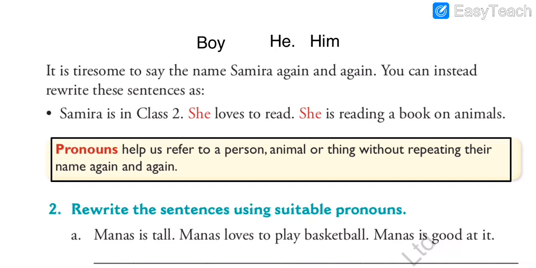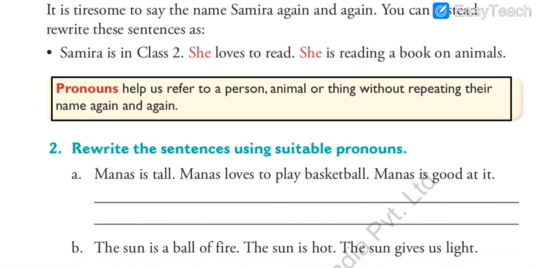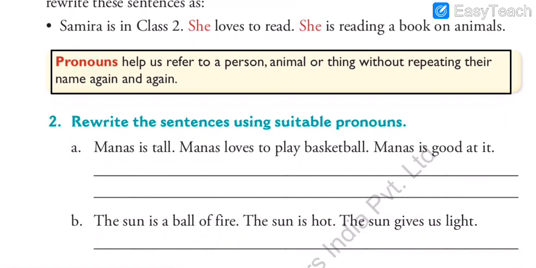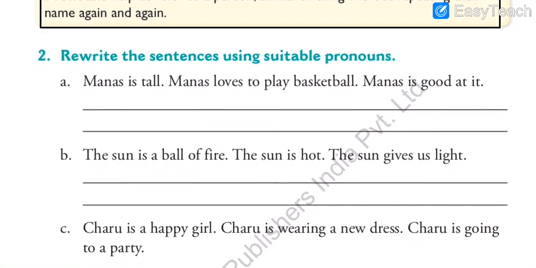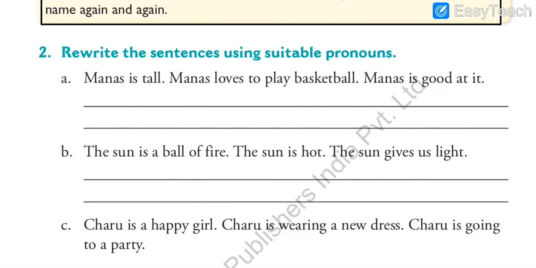So him is in the object part, in the predicate part of the sentence, not always but many a times. So for the person, if it's a boy, he or him, girl, she or her, correct. And for the animal and for the things, you most probably use it, correct.